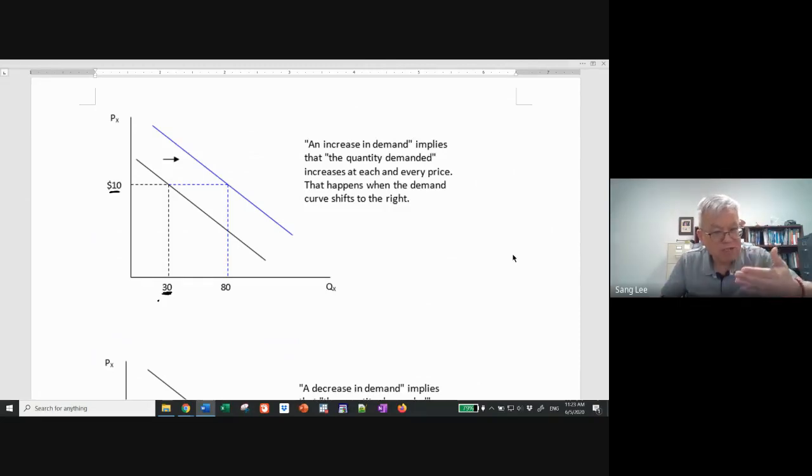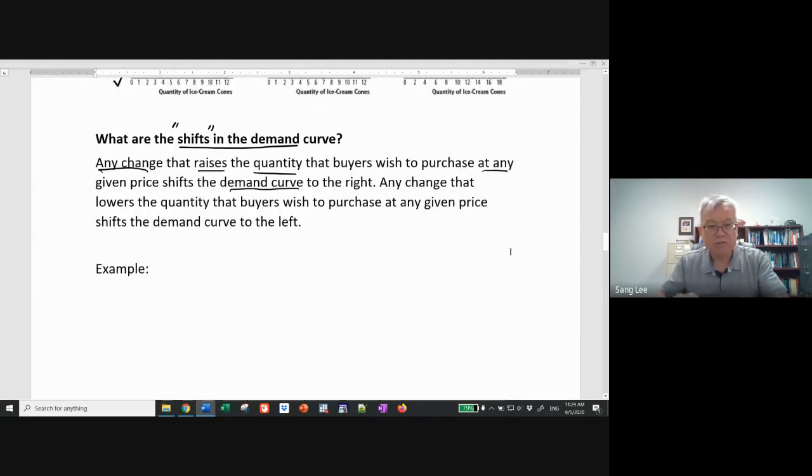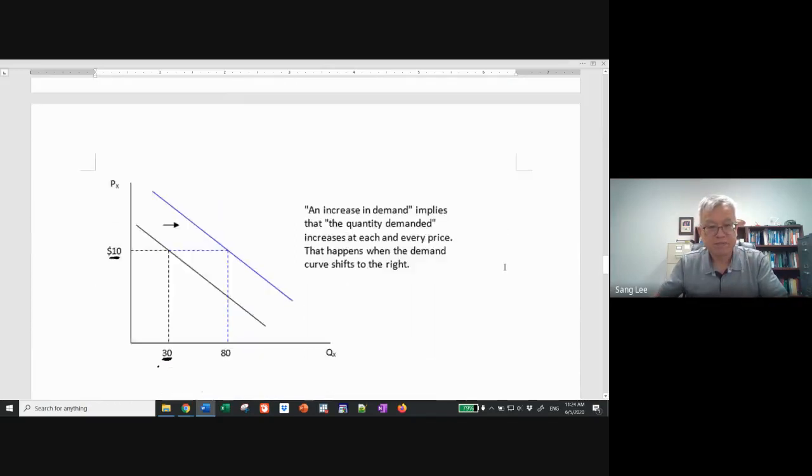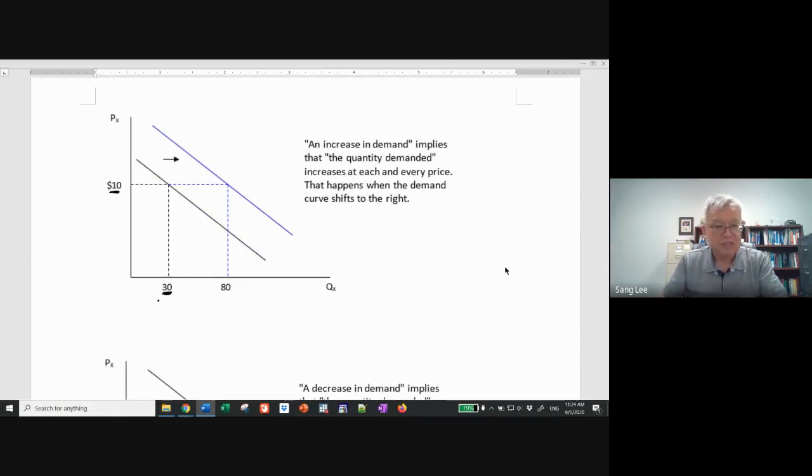Then for some reason, even at the same price, going back to this definition, at any given price, there is a change that increases the quantity that buyers wish to buy, a change that causes buyers to buy more at any given price. Here, $10 is a given price.